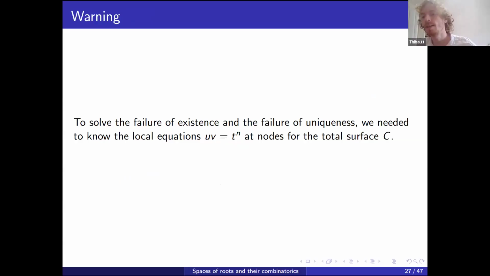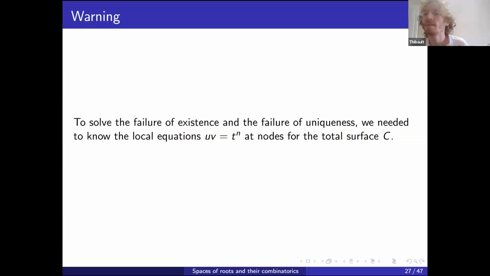Because I needed these local equations uv equals t to the n. Because what happened to the special fiber is not a blow up, right? What happened to the special fiber is, mysteriously, I started with a nodal curve and I got a new nodal curve with a bunch of extra P1s. And without having access to these local equations, I don't know how many P1s to put there.